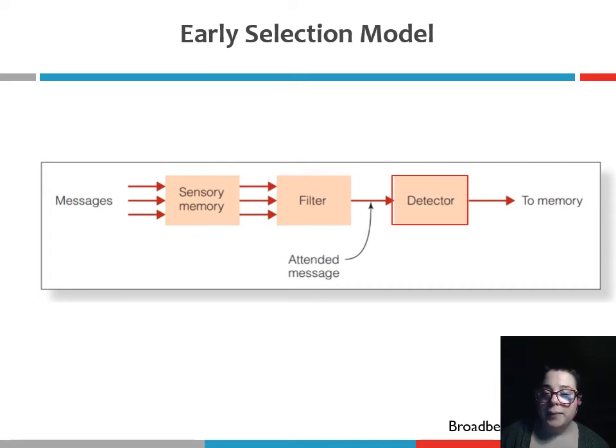Okay, and because all of the information that's passed through the filter is from the attended channel, the detector is going to process all of that information in terms of meaning.